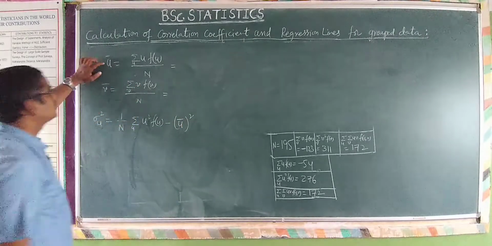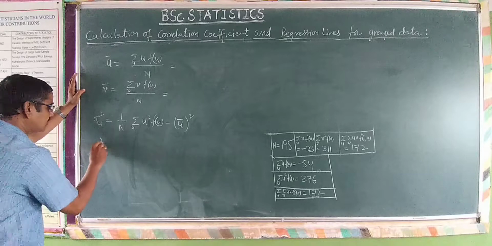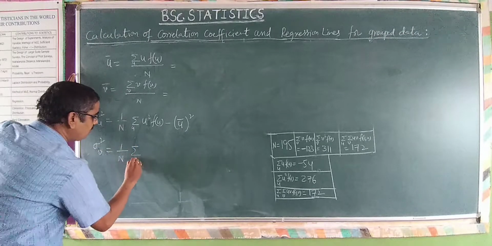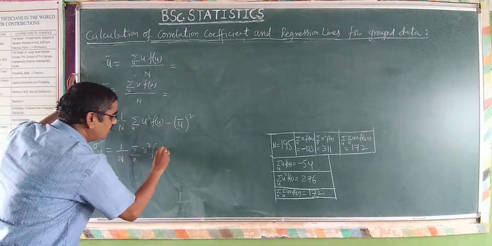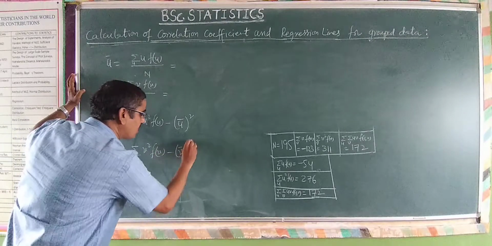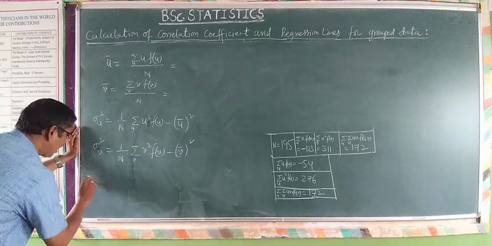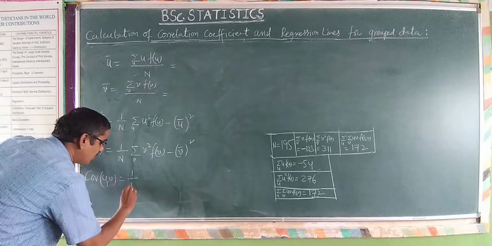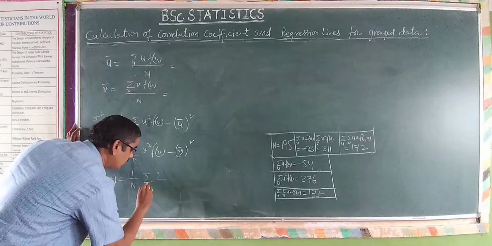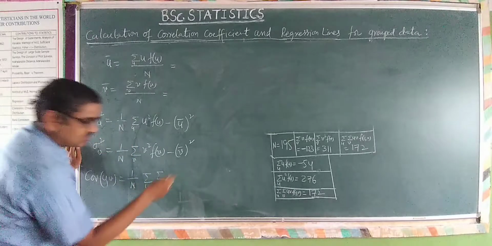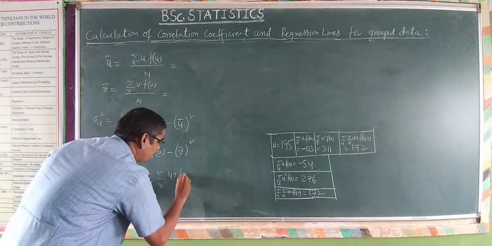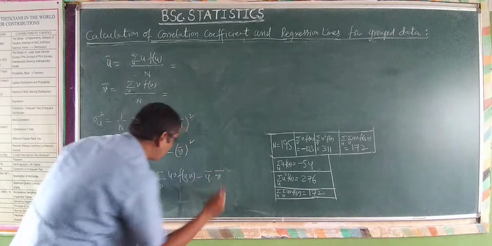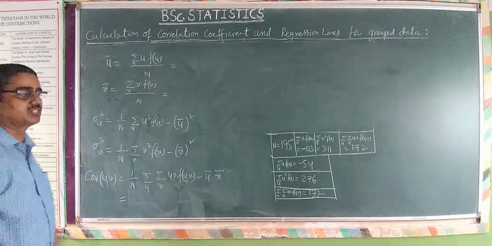Similarly, sigma square v is 1 by N summation v square f of v minus v bar whole square. And covariance of uv is 1 by N double summation uv f of uv minus u bar into v bar. These are the formulas we have.